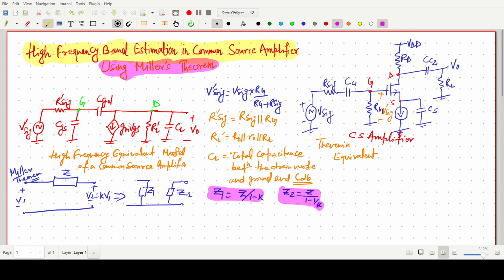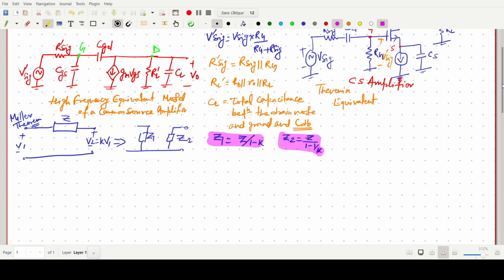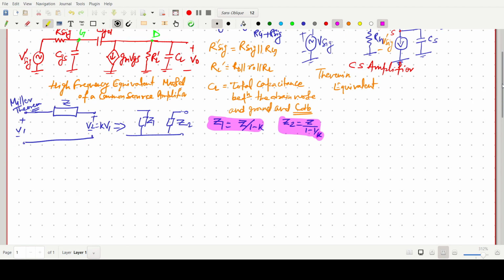So now we have to solve this one, okay. First we have to break the CGD, okay. The bridging capacitance in this case is our CGD. So for this purpose we can write this CGD capacitance, okay, clear.